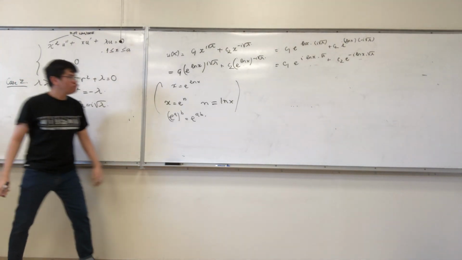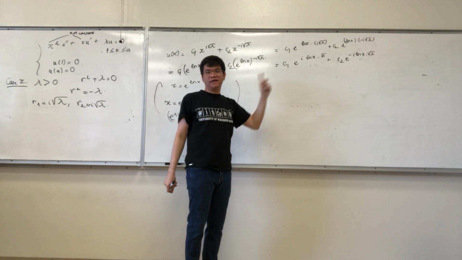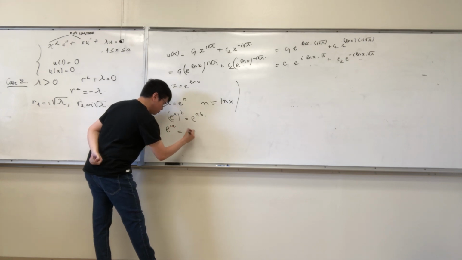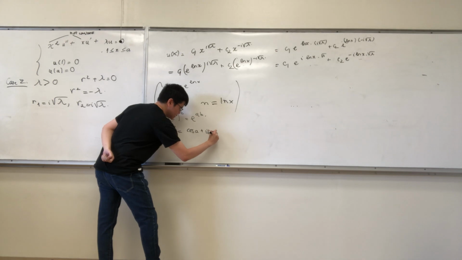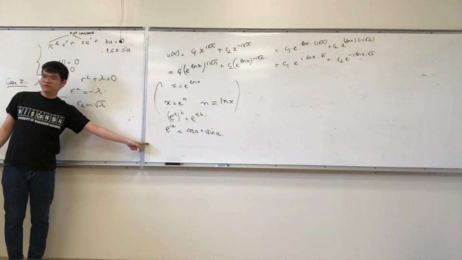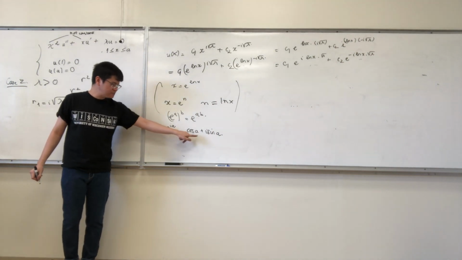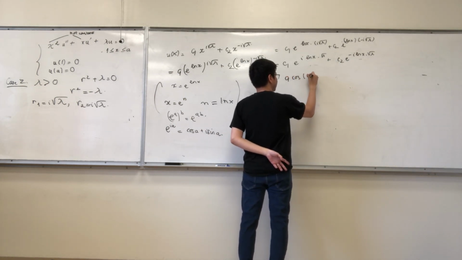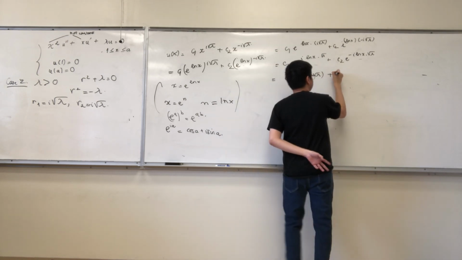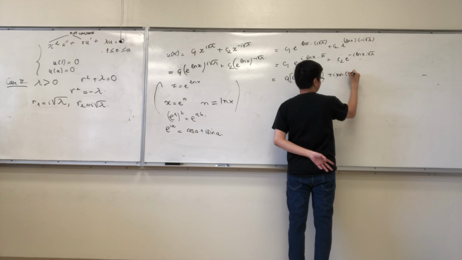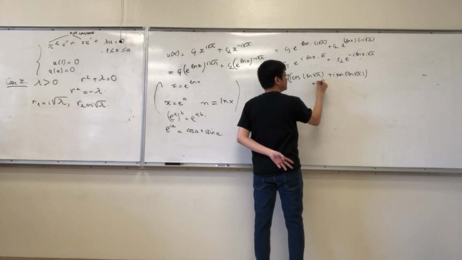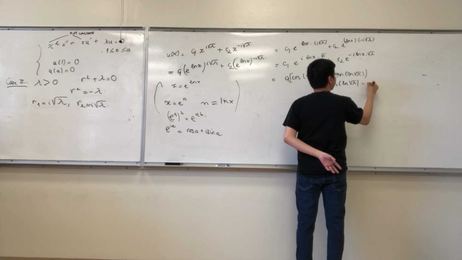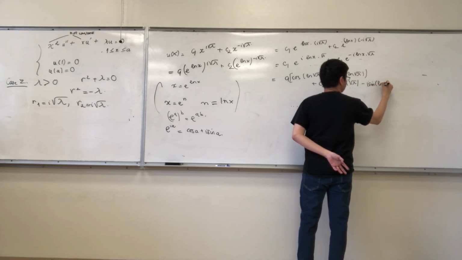So here you have cosinus and sinus because of the Euler formula. e to the iA will be cosinus of A plus i sinus of A. So I'm going to have c1 times cosinus of log x square root lambda plus i sinus of log x square root lambda, plus c2 times cosinus of log x square root lambda minus i sinus of log x square root lambda.